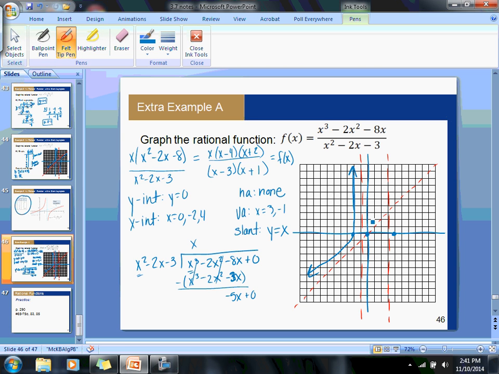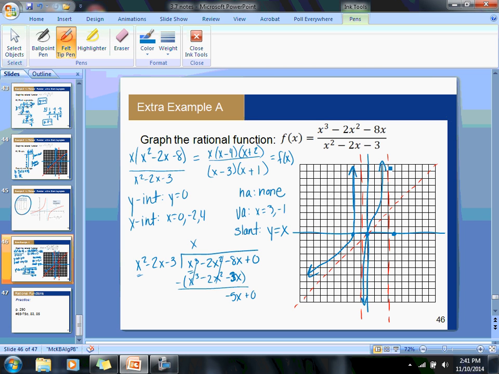And then if you pick values like 1 and 2, you're going to get values that are above your slant asymptote. So this part of the region has a curve in it like that. It kind of looks like an x to the third type of graph.